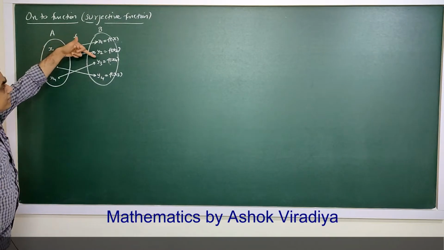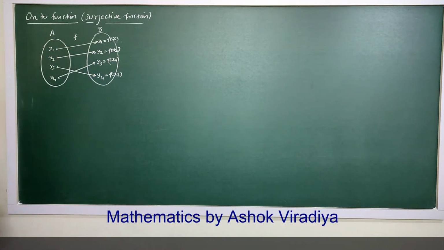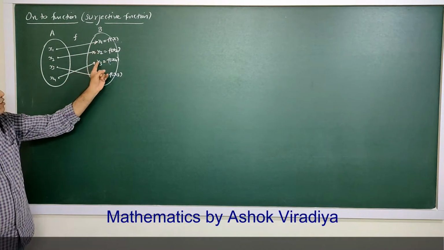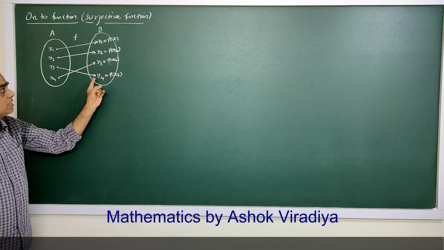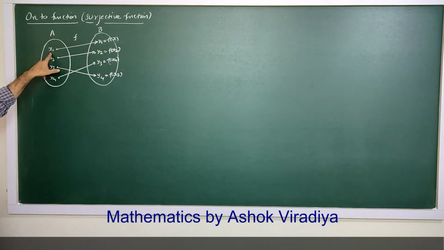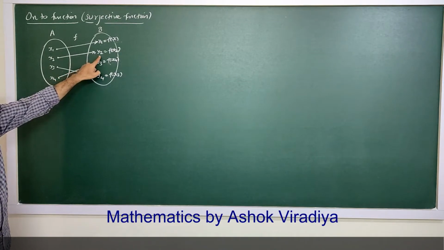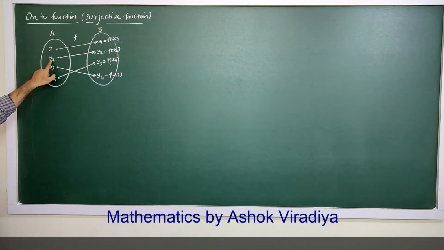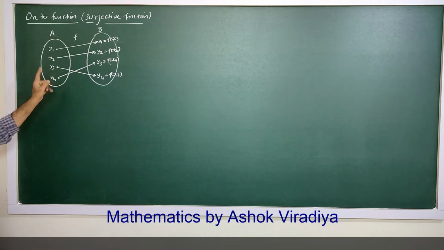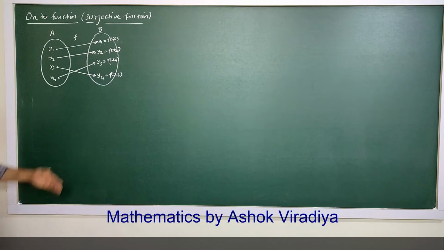The codomain contains y1, y2, y3, y4. You can see that for every element of the codomain, y1 is the image of x1, y2 is the image of x2, y3 is the image of x4, y4 is the image of x3.